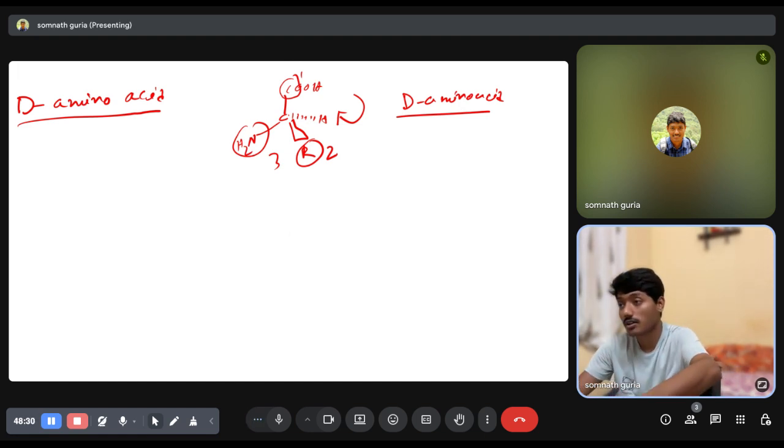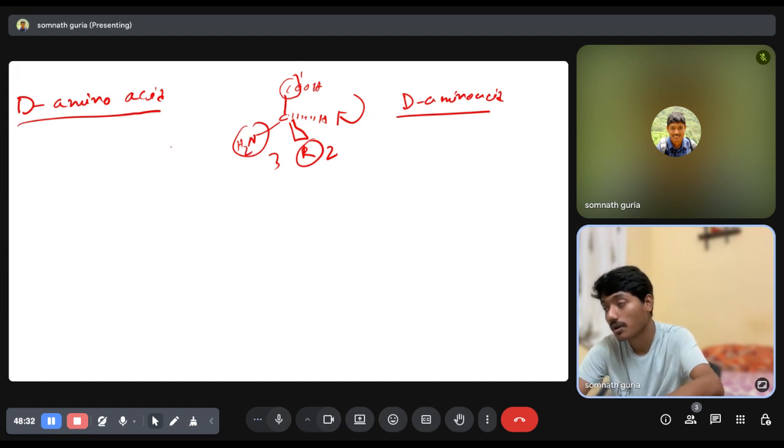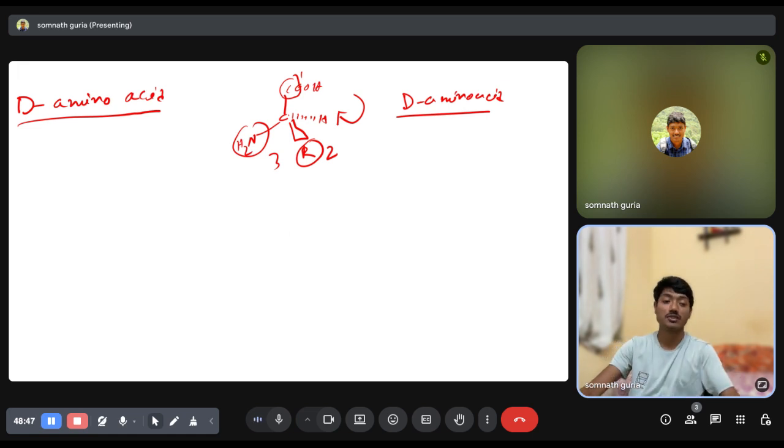If we replace some L amino acid with a D amino acid, there is a certain change in the peptide bond, and that protein cannot be recognized in our body. Let's suppose we are taking some protein which may contain some D amino acid inside it. So it doesn't actually react in our body.